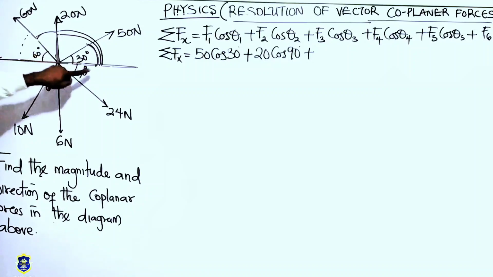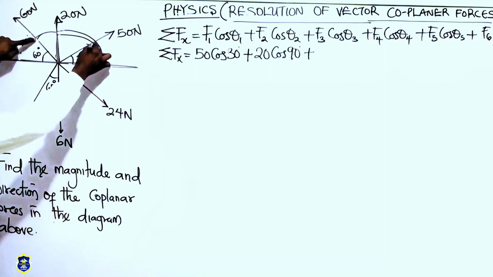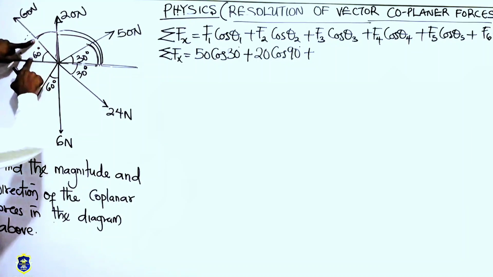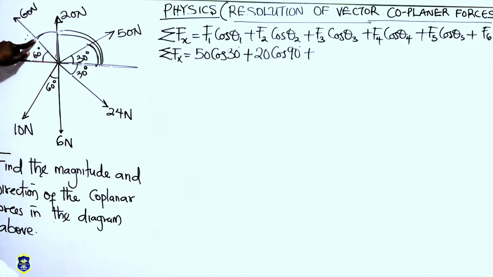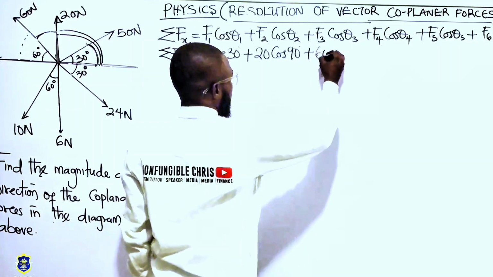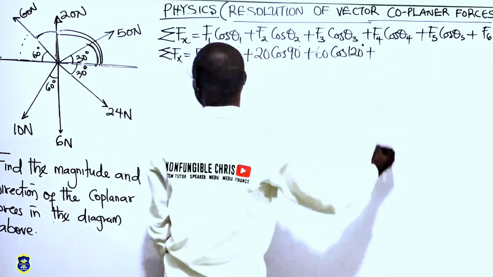From here down to here is going to be 120, right? So F3 is 60 cos 120 degrees.